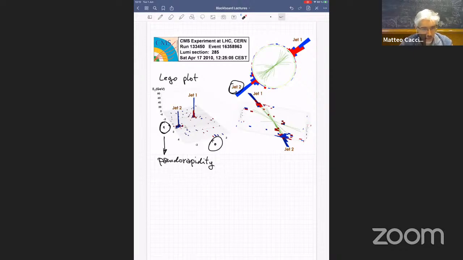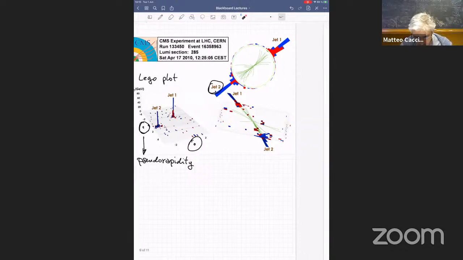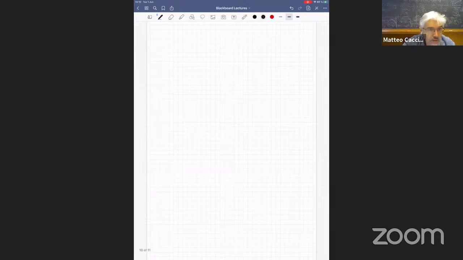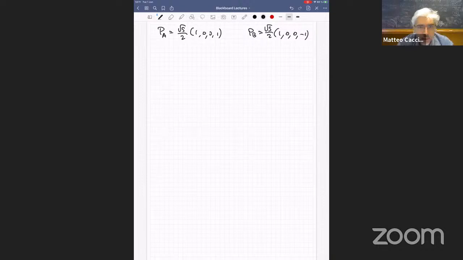Now, let's write down some kinematics. Let's say that the two beams have momenta PA equal to root s divided by 2 times (1, 0, 0, 1). So this is the proton beam that travels, let's say, in the left to right direction, just to be definite. And PB, of course, is the other beam, root s divided by 2 times (1, 0, 0, minus 1).